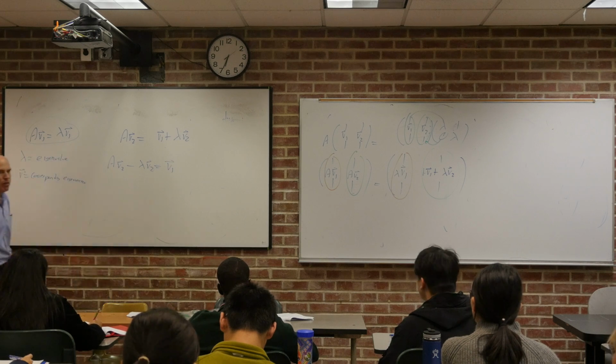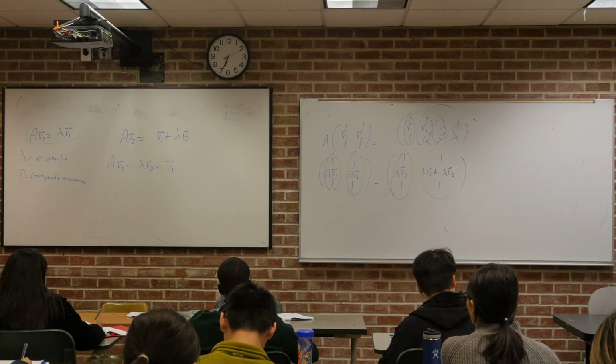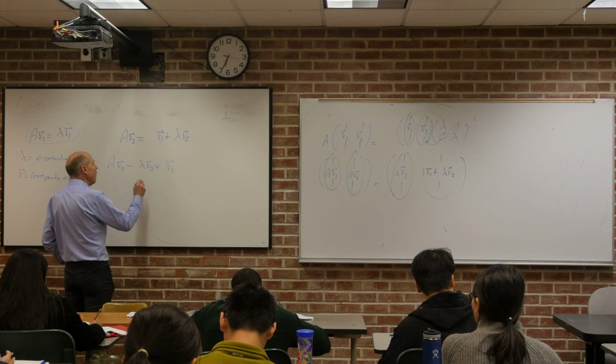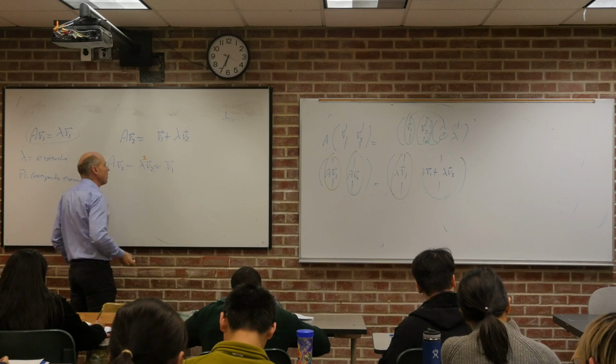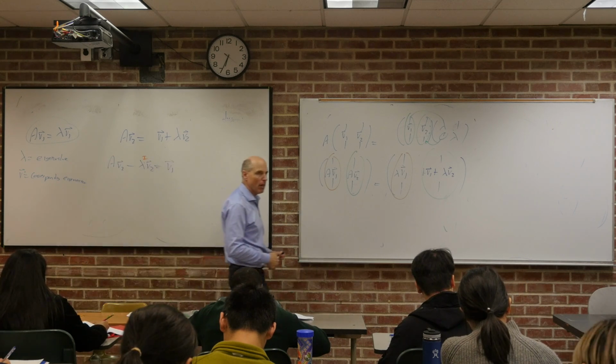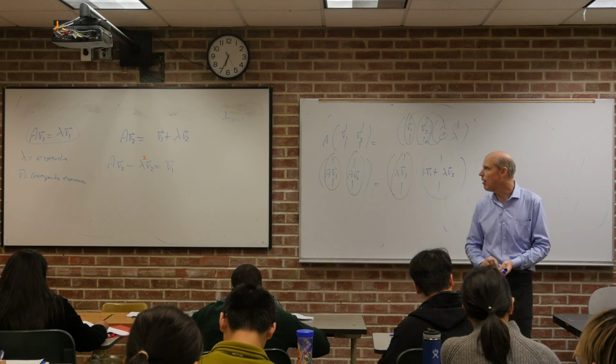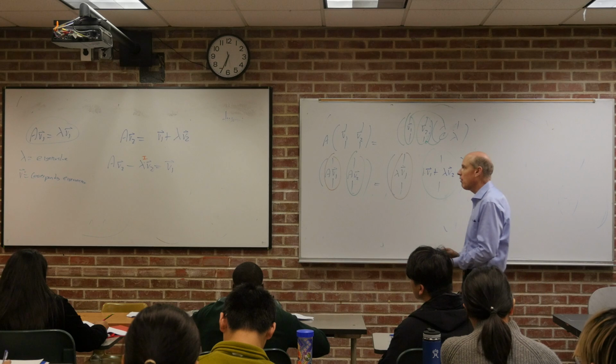So I'm going to collect all the v2s on that side of the equation, and I want to factor out the v2 on the left, with that trick we talked about earlier today. To get the dimensions to work out, I have to sneak in a times 1, the matrix times 1.